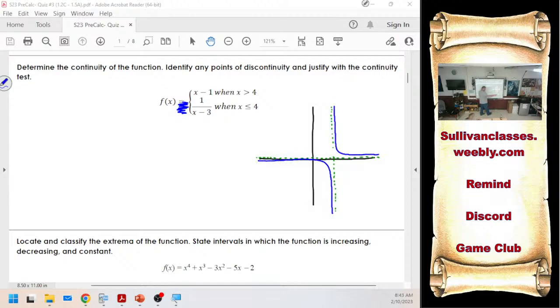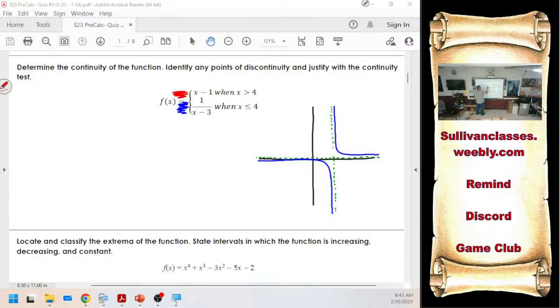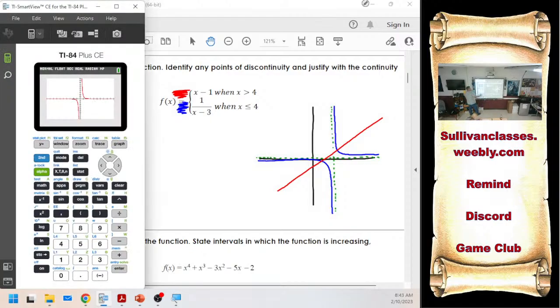We did this last semester, remember? The 83s show vertical asymptotes as a line. Okay, that's what that entire function looks like. But I don't care about them in all locations because it's a piecewise function.